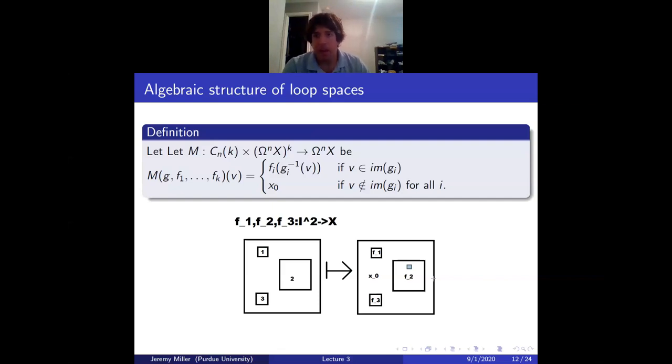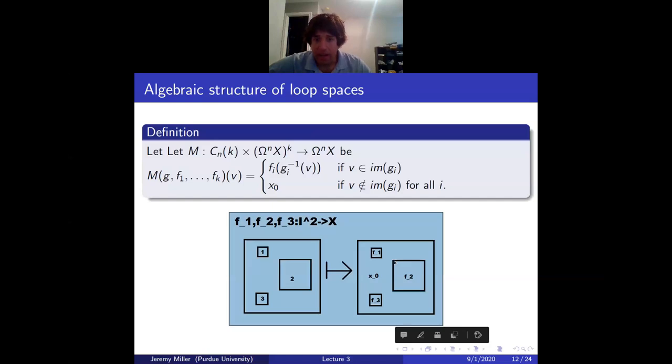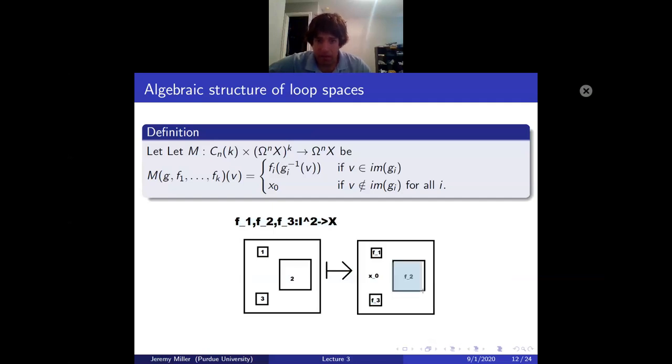But I'm not quite saying that. I'm going to say we can identify this little cube with a standard cube using this map G2. This picture on the left is a picture of three embeddings of a standard cube into a standard cube.